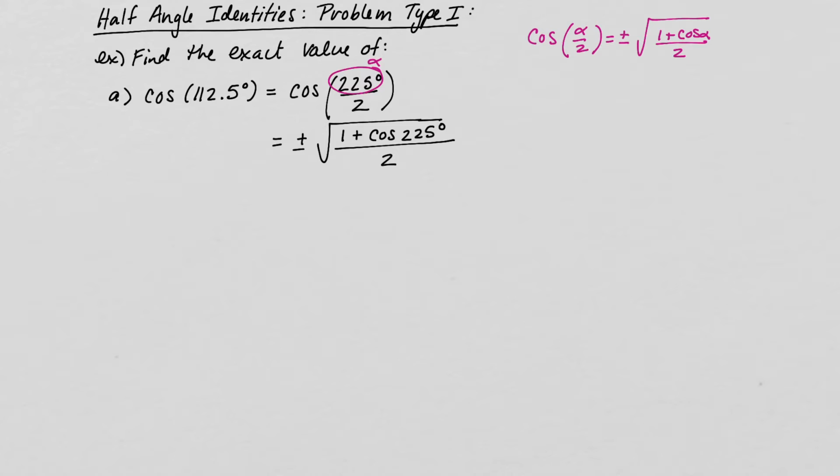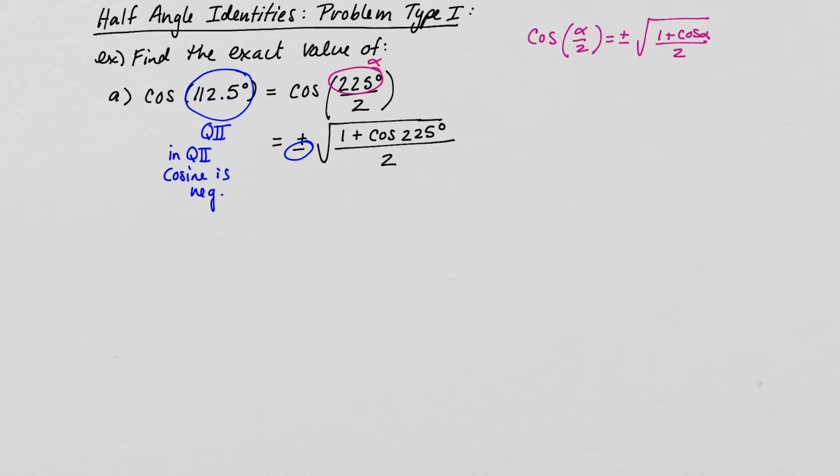Now when we pick whether we want the positive or the negative, we have to look at our original angle. 112.5 degrees is in quadrant 2, and in quadrant 2, the cosine is negative, which means we have to take the negative case here.